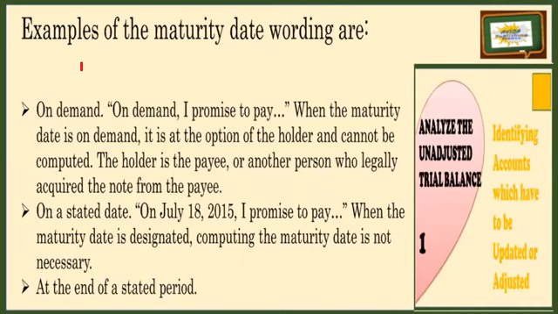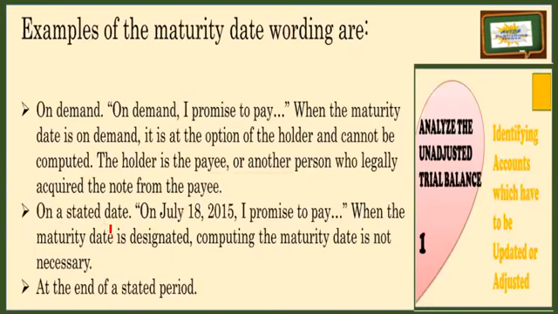But what if it will not be paid on that date? Okay, now before that, we go to the examples of the maturity date wording. On demand: I promise to pay. When the maturity date is on demand, it is at the option of the holder and cannot be computed. You demand it, then that is the due date. So it's indeterminable. It depends on when the payment will be demanded by the payee.